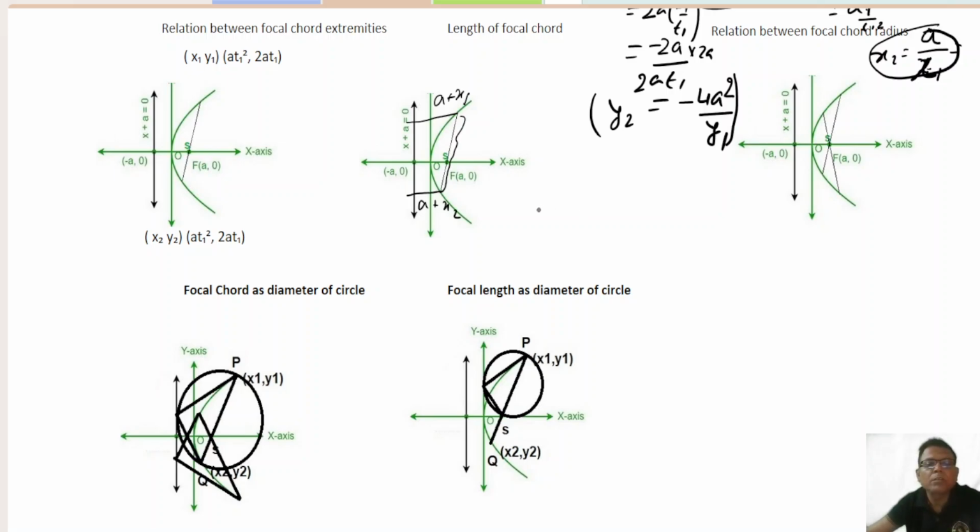So the length of the chord, this one is also a plus x1 and this one is also a plus x2. So the length of the chord is equal to 2a plus x1 plus x2. This is the length of the focal chord.